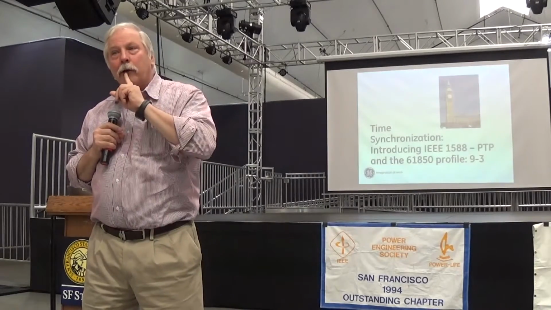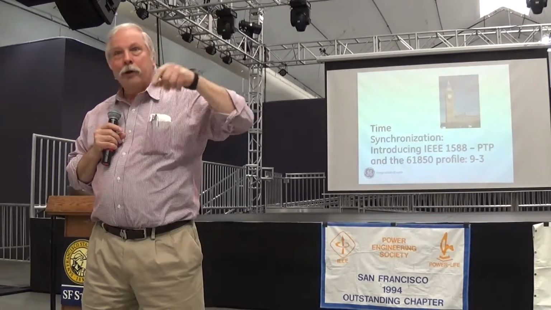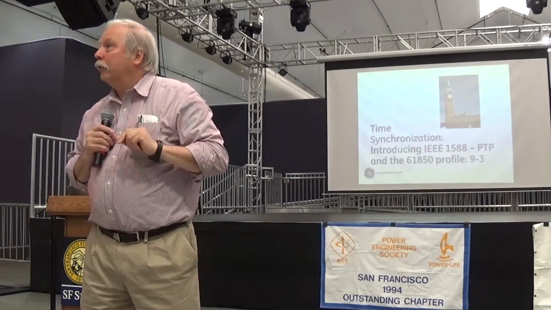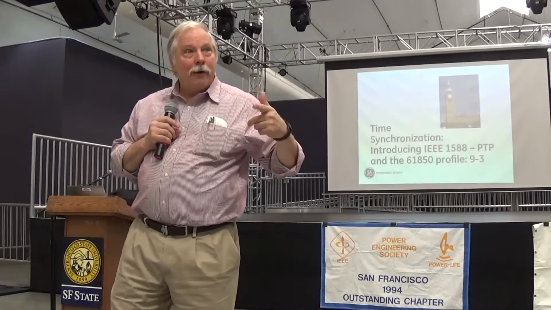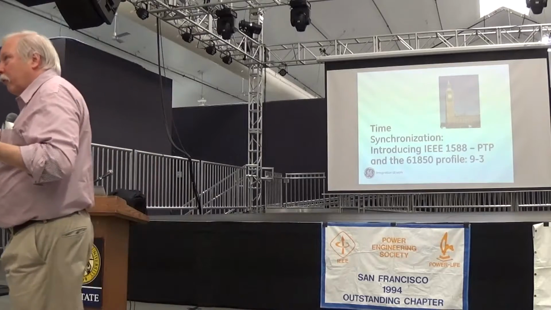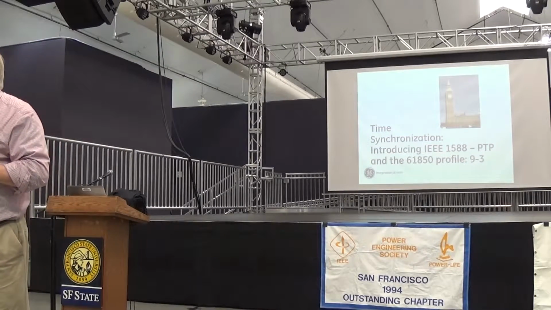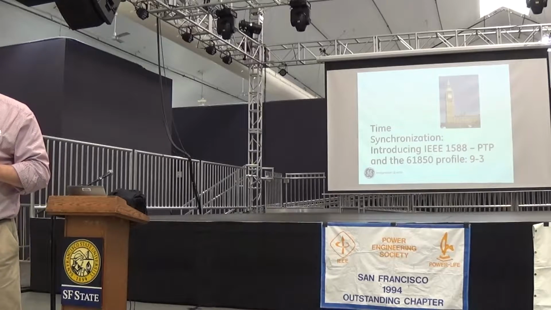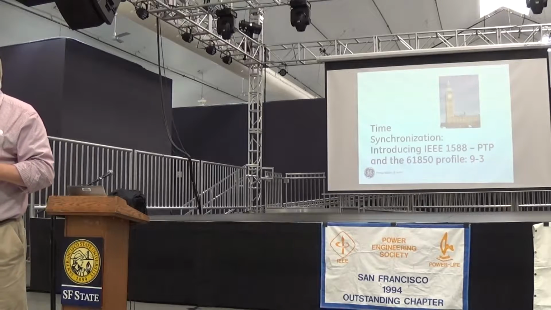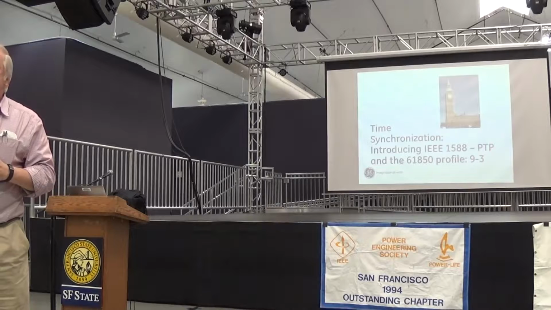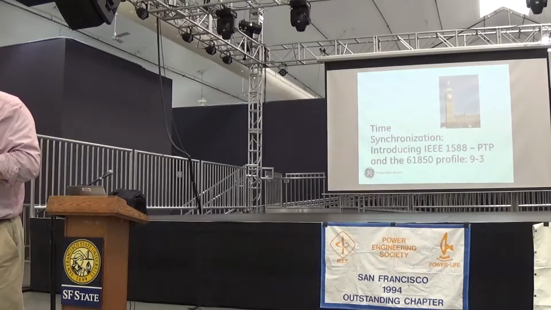What's the error between my watch and your watches? Well, there are going to be several aspects. The first is communication. My voice travels through the air at the speed of sound, which means it takes time. By the time it gets to Stephen back there, it's already like 2 milliseconds delay.